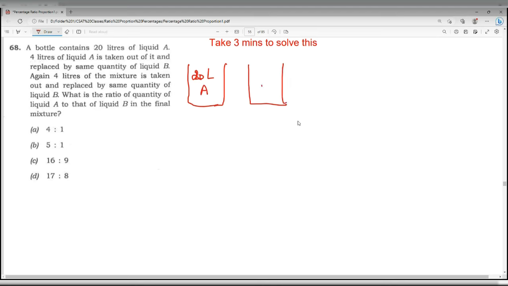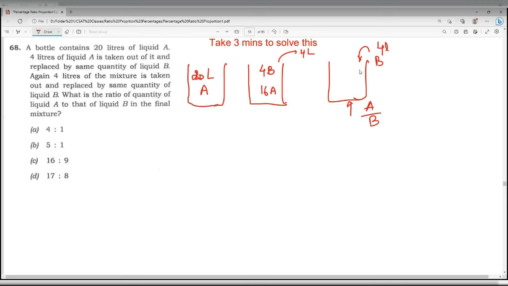So when they removed 4 liters, there was 16 liters of A and they have added 4 liters of B. And now from this again they are removing 4 liters, and then again adding 4 liters of B. And then they are asking, in this final mixture, what is the ratio of the quantity of liquid A to liquid B.